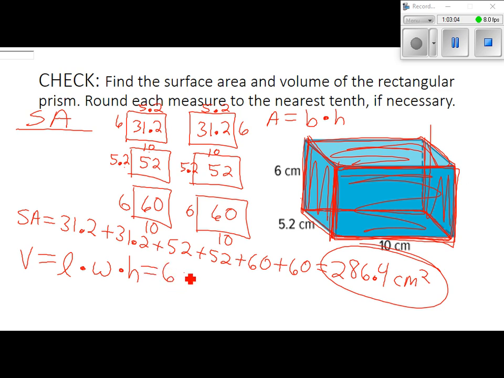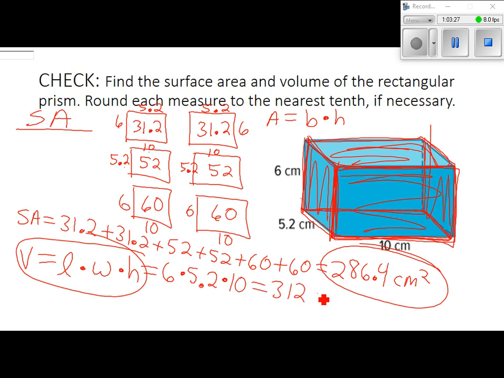Make sure you write that formula down in your notes. So it's 6 times 5.2 times 10, and plugging that into our calculator, we get 312.